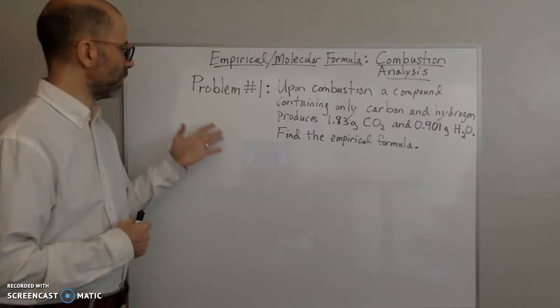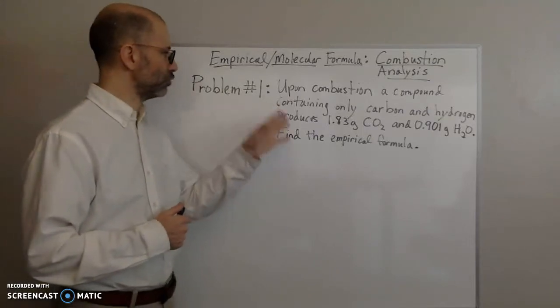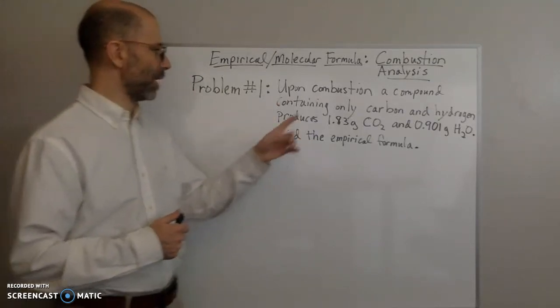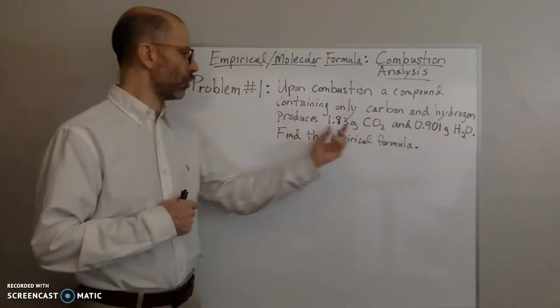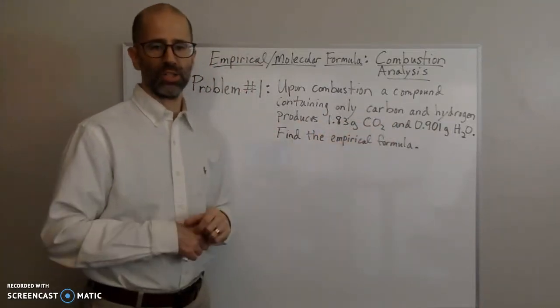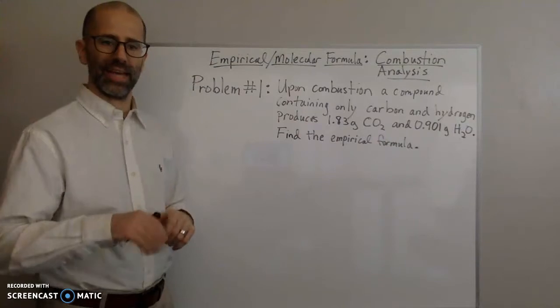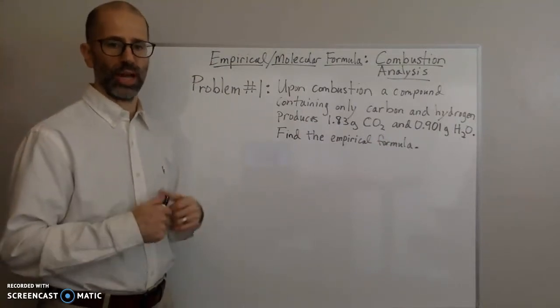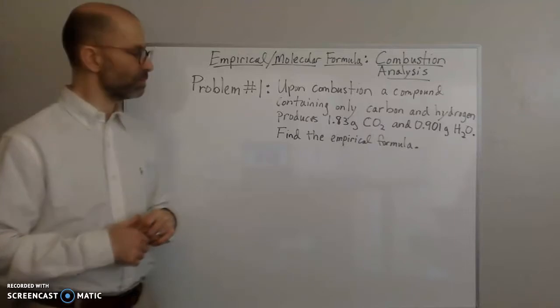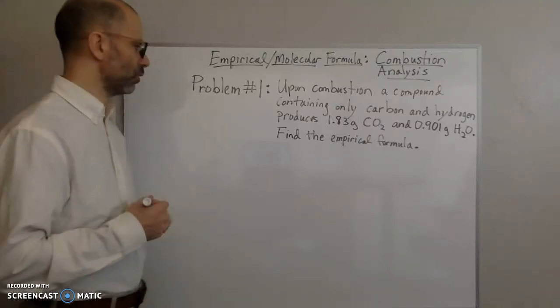And the easy part about this problem is it tells you that the only thing in this compound is carbon and hydrogen. There's no oxygen, so we don't have to worry about finding out how much oxygen there is. So that saves us a couple of steps. In the next problem I'll go over, we will have to do those extra steps. But in this one, it's a little easier.